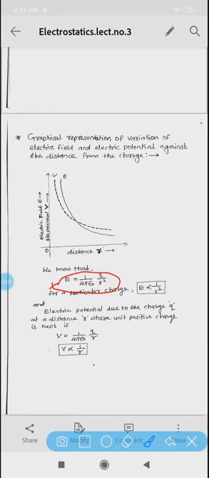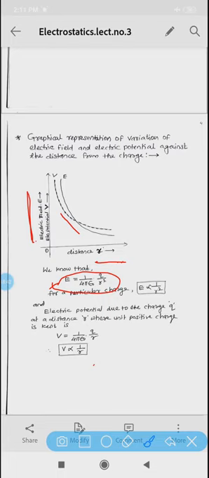So if we plot a graph of electric field against distance, the nature of the graph is shown by this continuous line, and from this graph it is clear that the increase in distance from the charge causes the decrease in electric intensity.